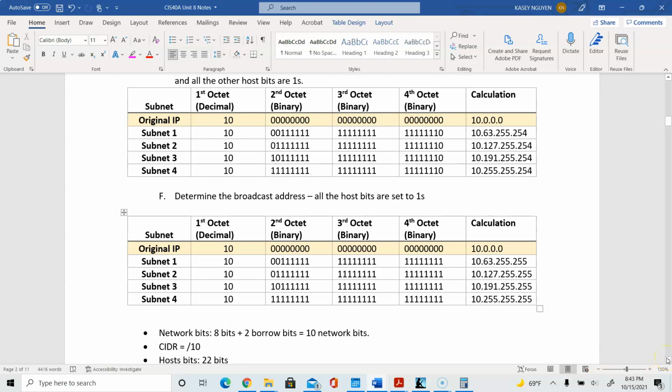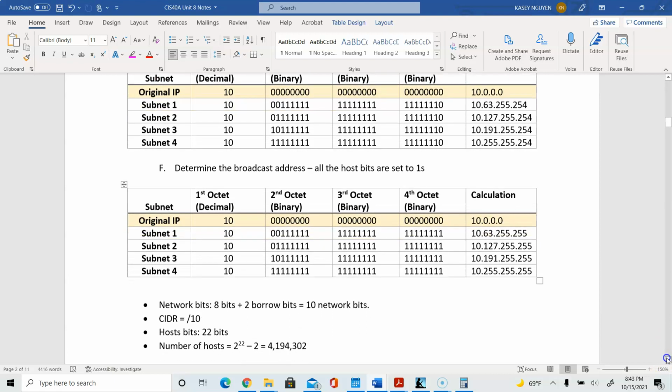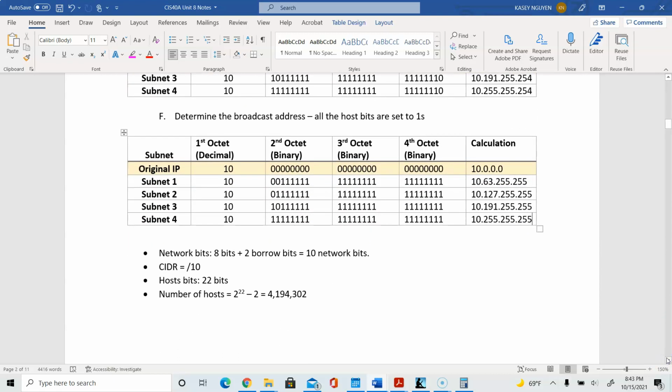So once we have the network address, the usable addresses from start to end, and the broadcast address, we can work on our CIDR. When you look at the CIDR, going back to our borrow bits, we have 255.192.0.0. And here in the host, we borrow 2 bits along with the 8 bits from the network.